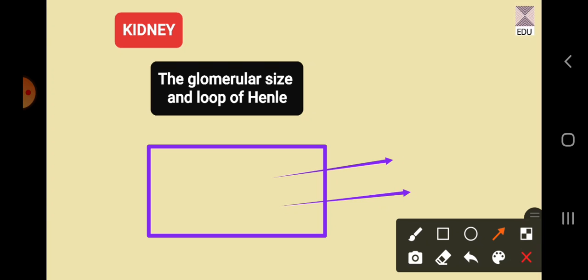And what will happen to the glomerulus size? The size of the glomerulus will decrease. So there will be a smaller glomerulus in this particular case. Now, apart from the glomerulus size, what can this animal do?